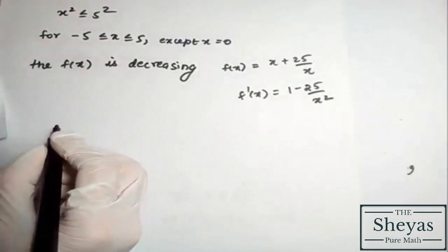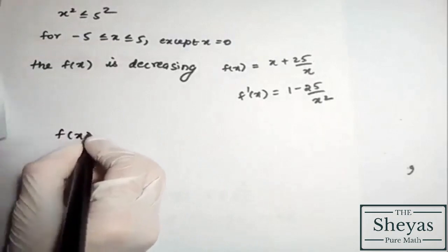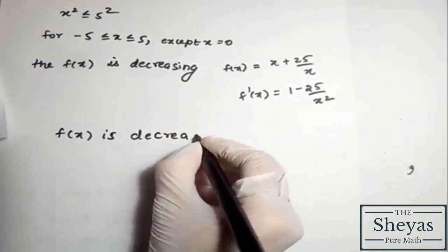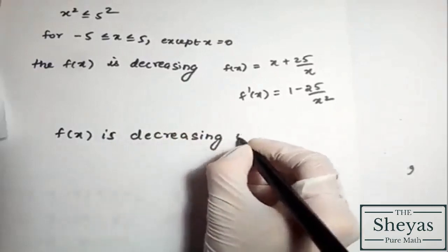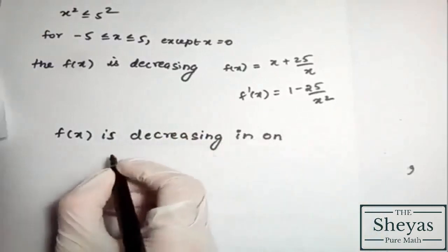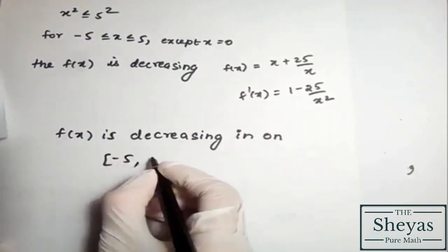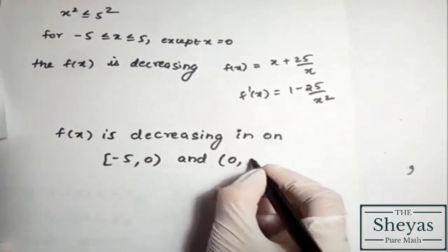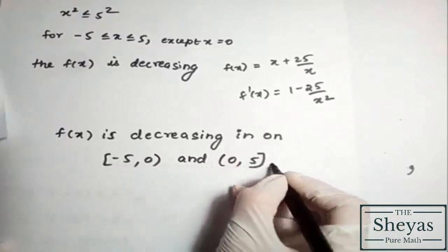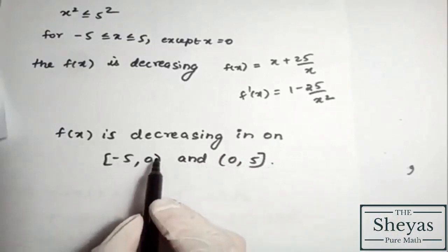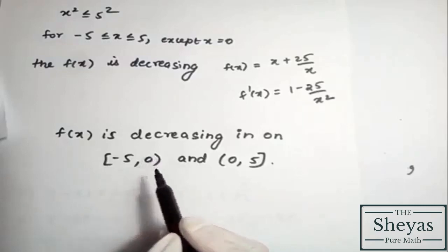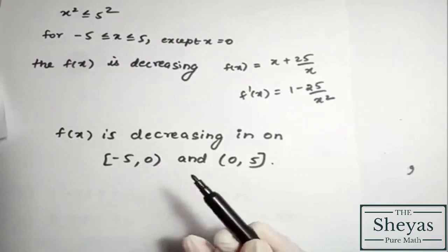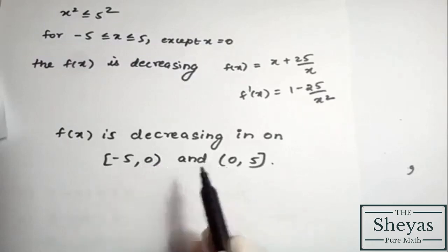So how can we write it in the interval format? f of x is decreasing on the interval minus 5 to 0 and 0 to 5. So here, I have written an open interval, which means that you should not include 0.